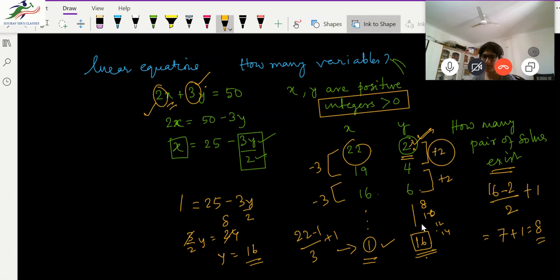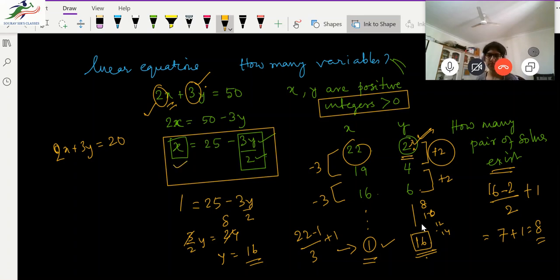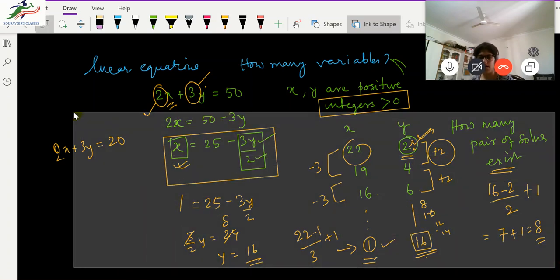It might be a simpler one, like 2x plus 3y is equal to 20, right? So the logic is this. You have to take the x and y on two different sides and see for what values of y, x takes integral values.